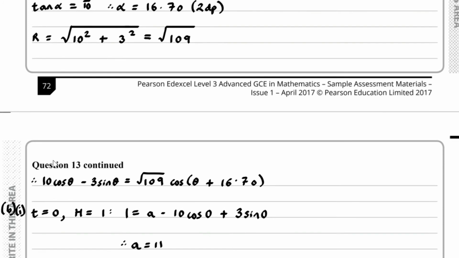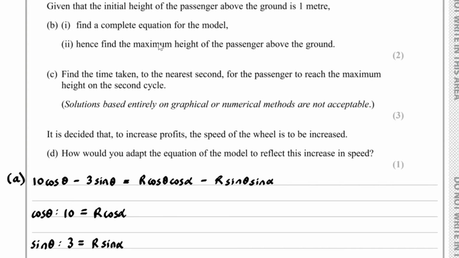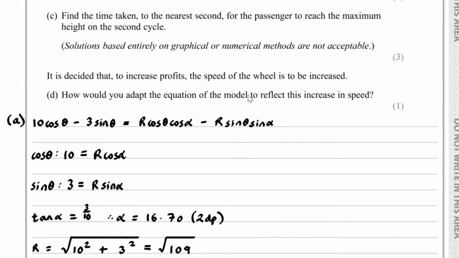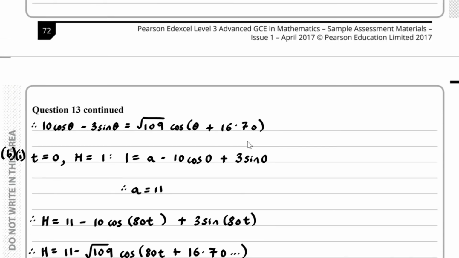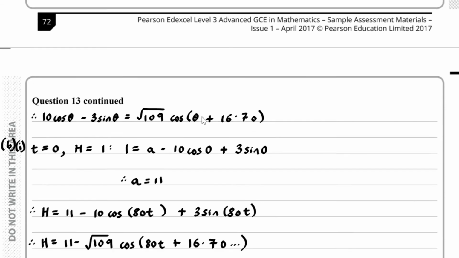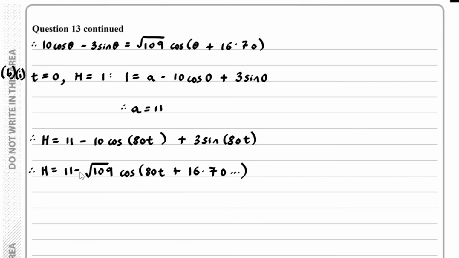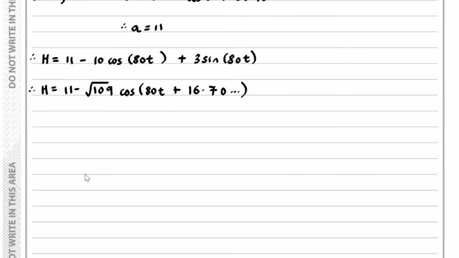And now what I need to do is find the maximum height of the passenger above the ground. Well, I've got a negative cosine. So what I need to do, if I think about the graph of cos, I know the graph of cos looks like this. So this is cos x. So negative cos x would look like this. Okay.